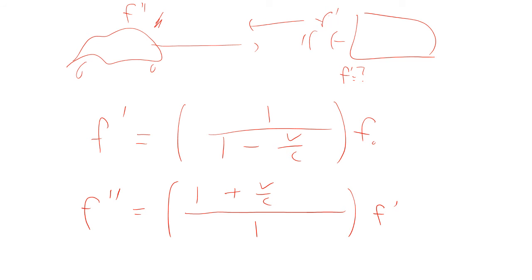If I put all that together, the sound that's heard is going to be 1 plus v over c, divided by 1 minus v over c, times f naught.